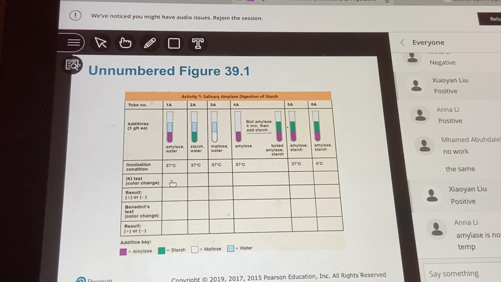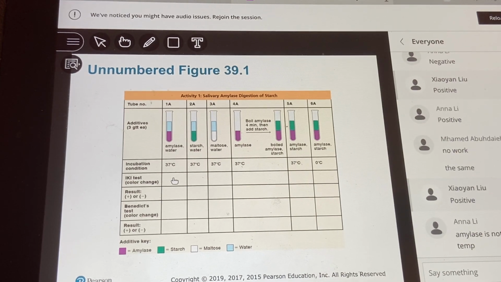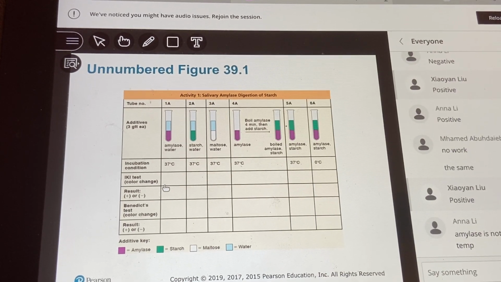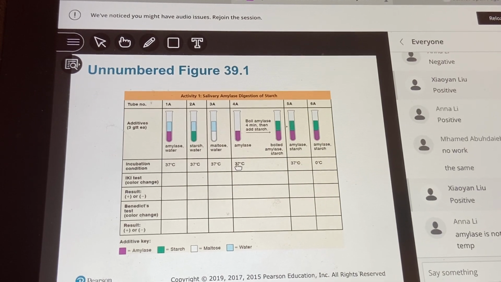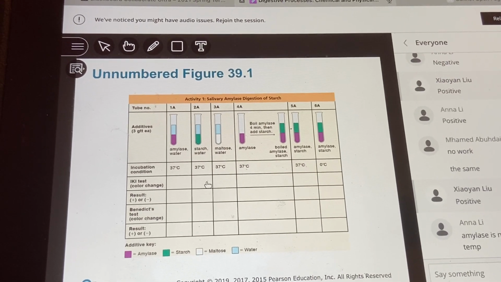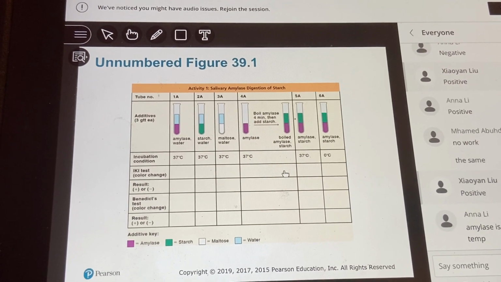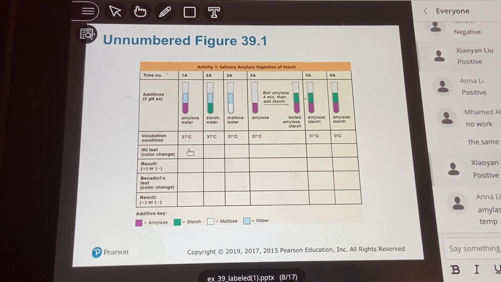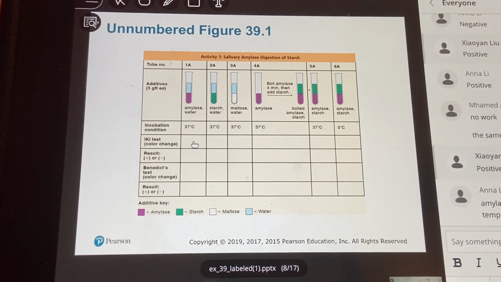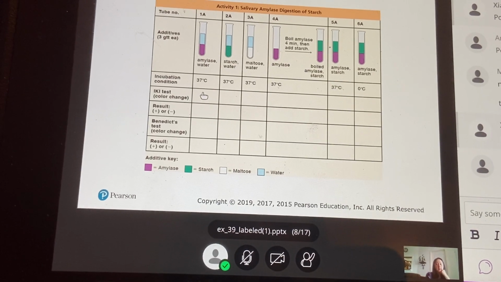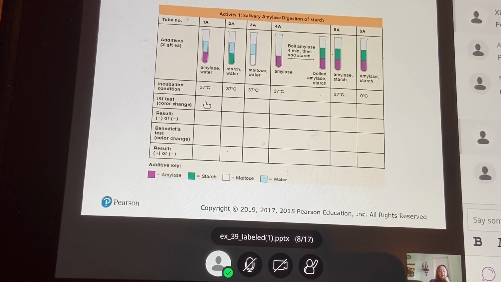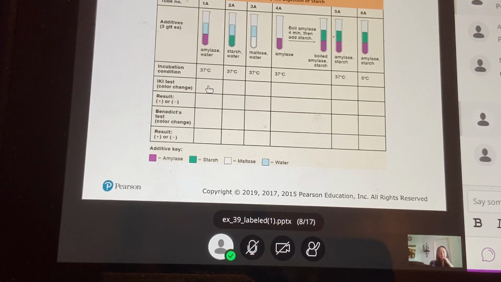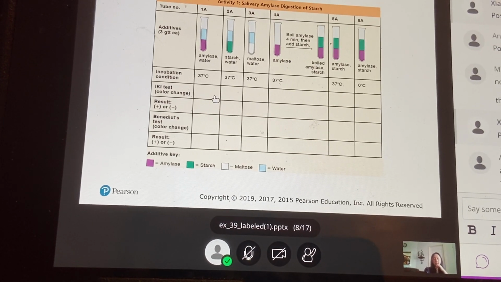I prefer you put positive or negative, but give me the color change. Is it blue-black, or no color change? Okay, for this table, so you will not get confused, let's do it again. IKI test for this one: amylase and water, negative, no color change.